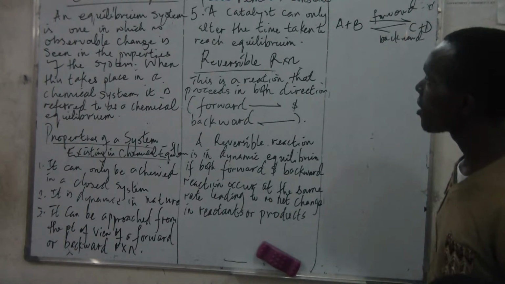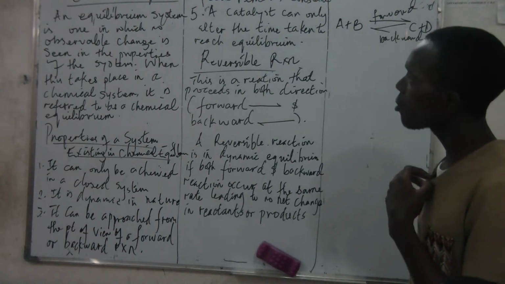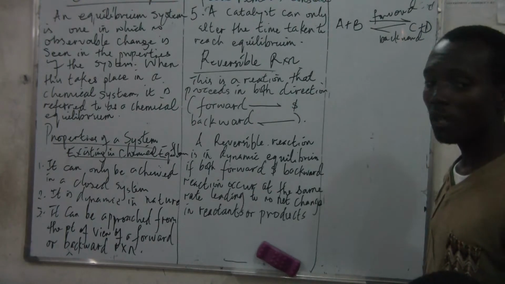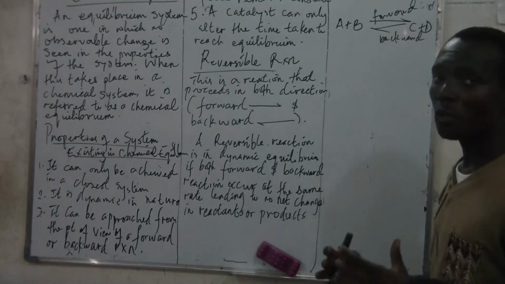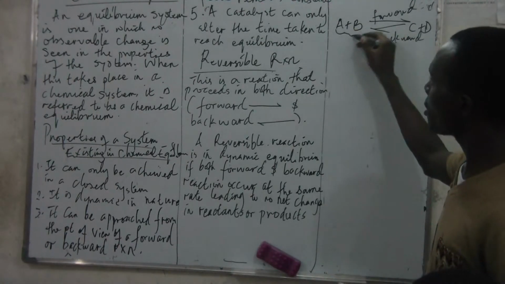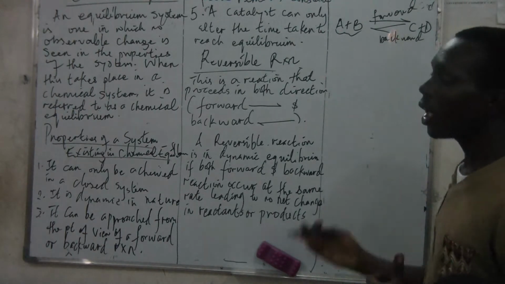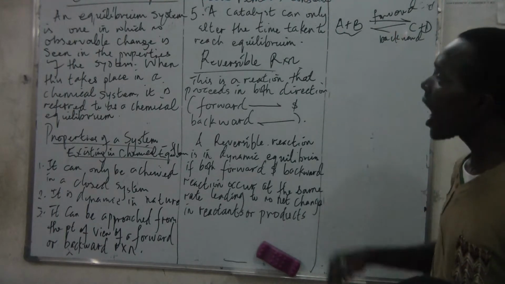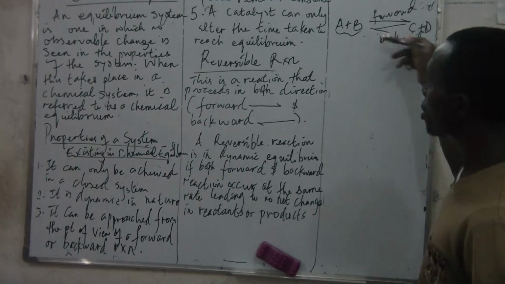The next point is that the concentration of chemical species is constant. In dynamic equilibrium, one thing we will find out in this kind of system is that the amount of AB will always remain constant, even though there is reaction, and AB is being converted to CD, yet CD is converted back to AB.